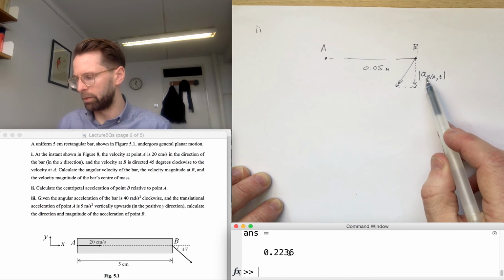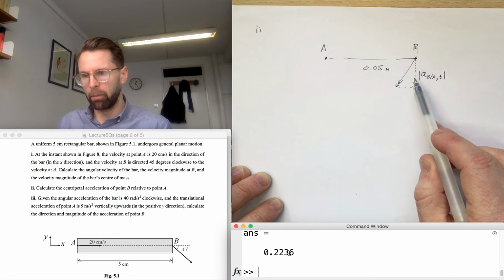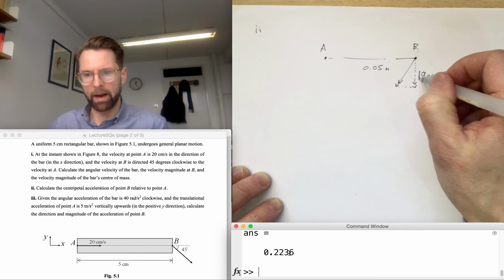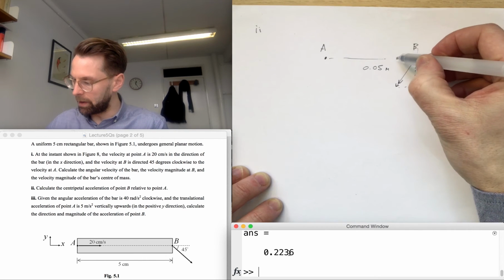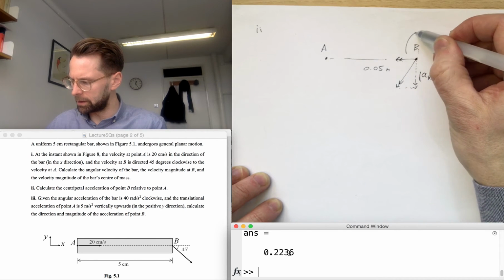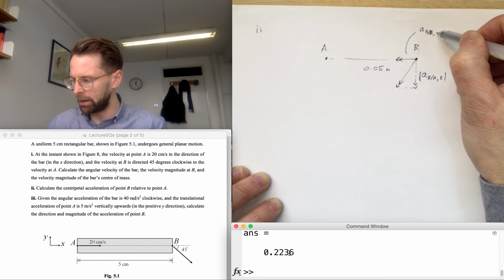So the acceleration of B relative to A in the tangential direction, and the mods here tell you that this is the magnitude of that. And then you've also got a centripetal acceleration, and that is the acceleration of B relative to A in the radial direction.